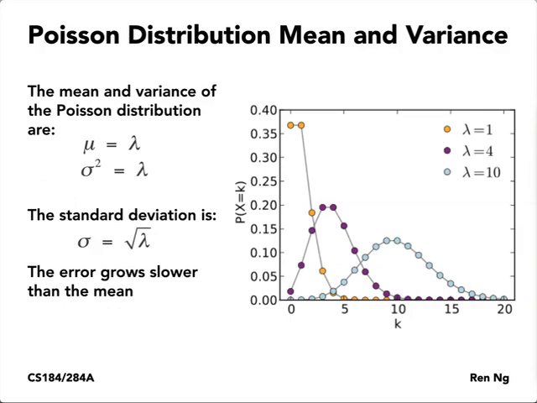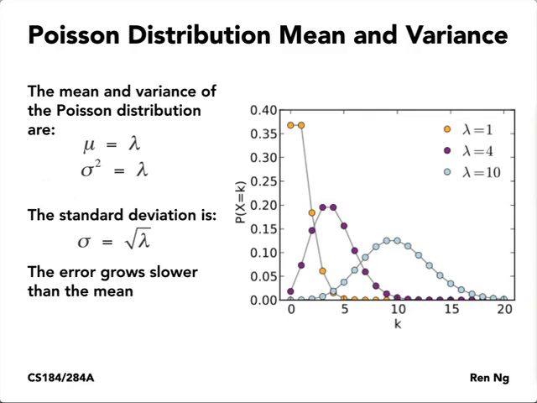What is that Gaussian? The Poisson distribution is well modeled by a Gaussian where the mean is, of course, the same. So the mu, the mean of the Gaussian, is equal to lambda, the expected number of events. And the variance is also equal to the expected number of events. Let me say that again.